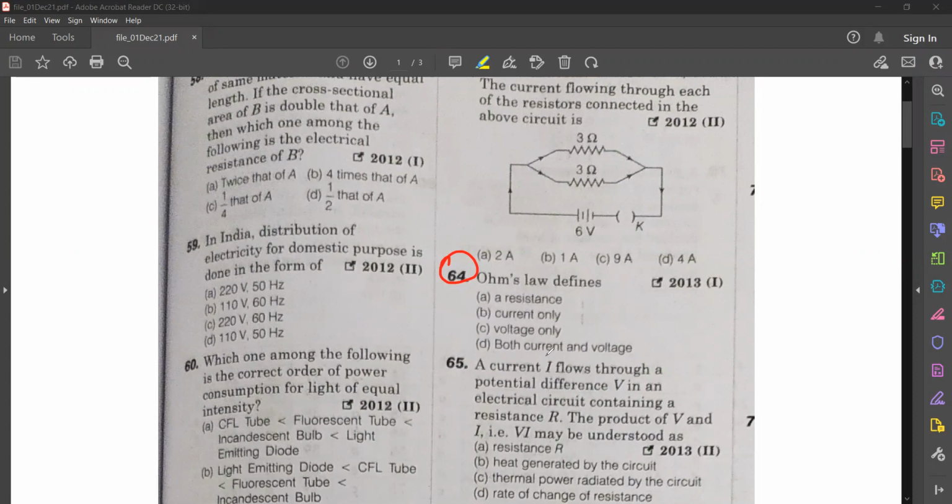So go through it and comment the answers. Direct question. What is Ohm's law?